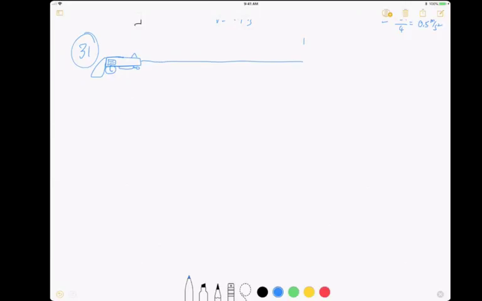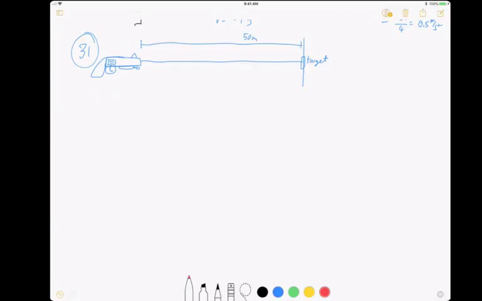So the idea here is, here's where my target is. At 50 meters away, right? 50 meters. That's not how the bullet traveled, though.